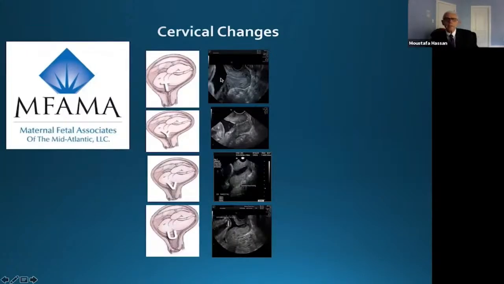Now, these are the cervical changes over time, what happens. This is your normal cervix. It looks like a T shape.